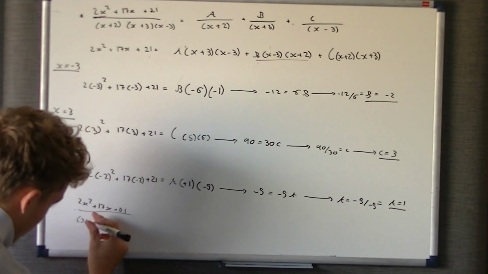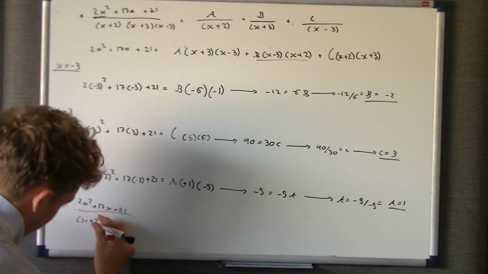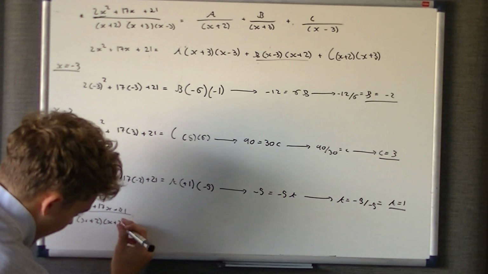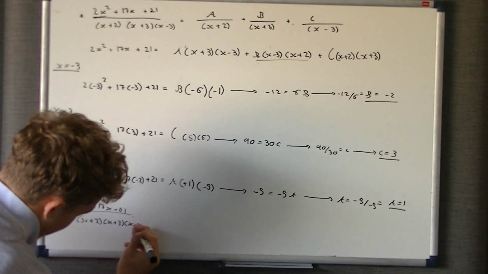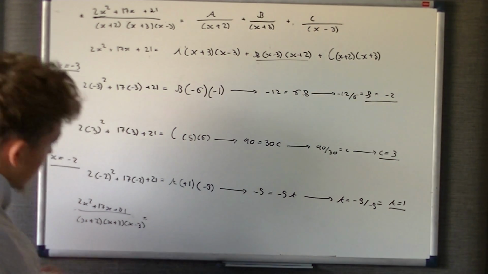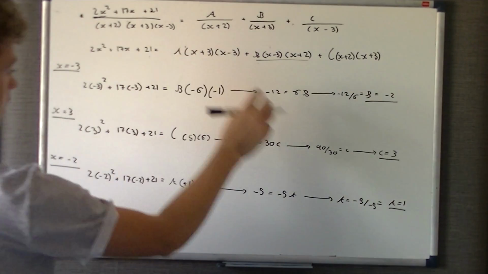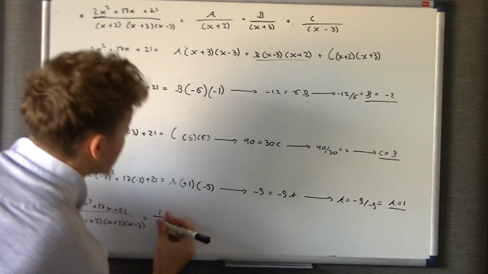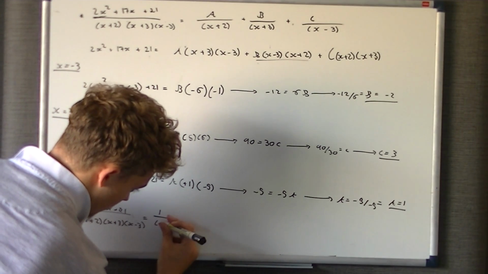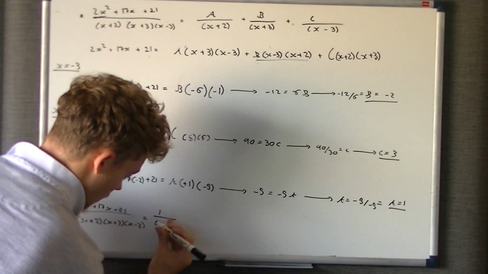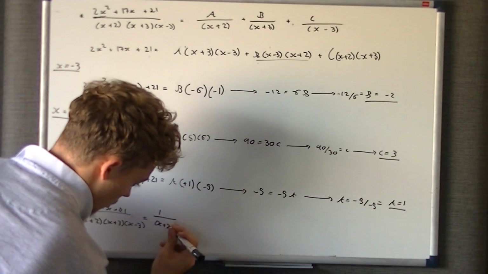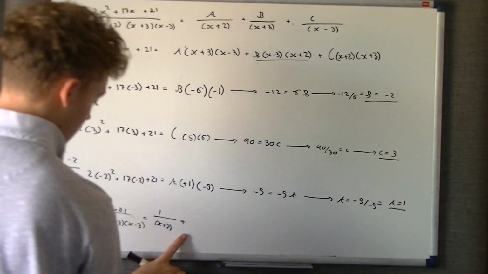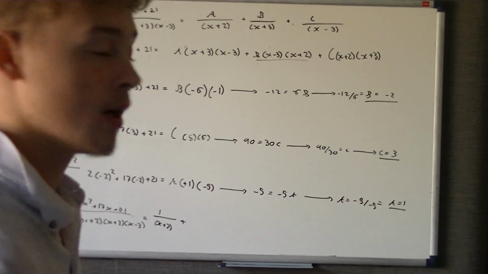2x squared plus 17x plus 21 over x plus 2, x plus 3, and x take 3 equals a over x plus 2. What is a? 1. So a was 1 over x plus 2 plus, oh no, that's right, by the way, I just wrote it wrong on the board, plus, now this is a good mistake actually I made to prove to you.